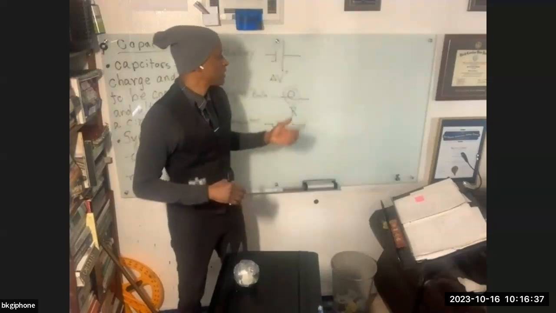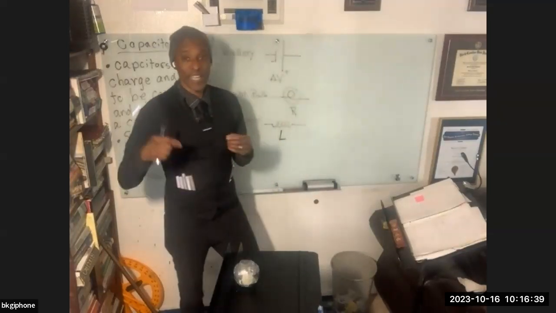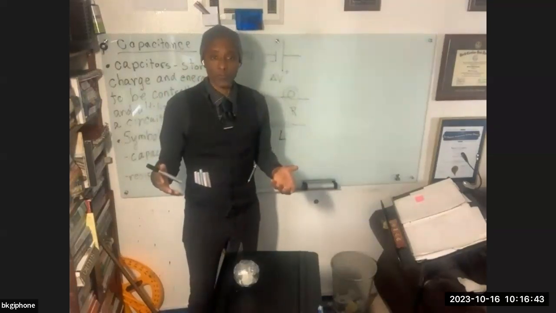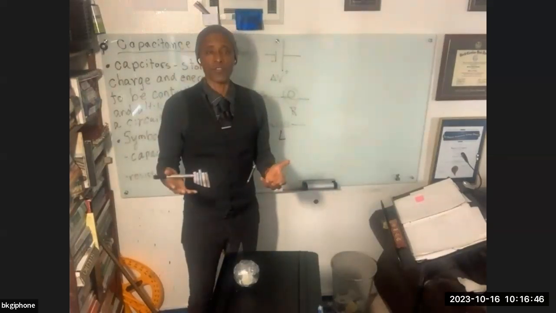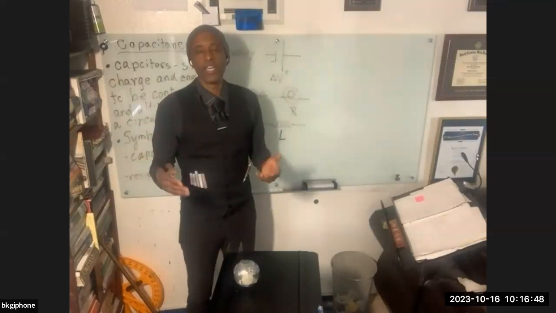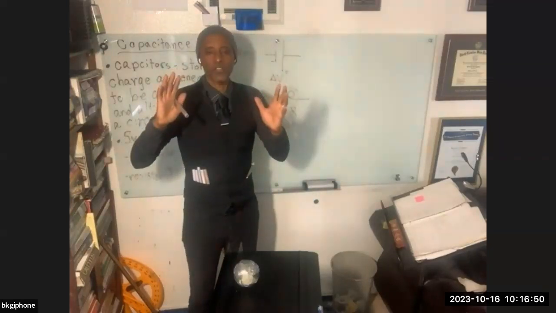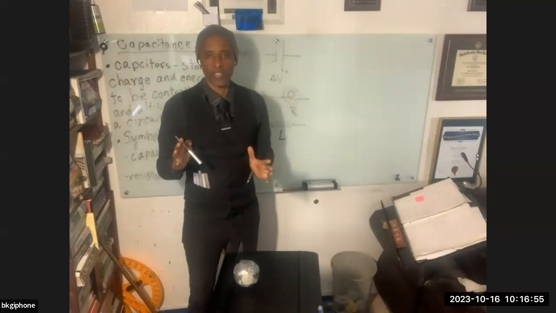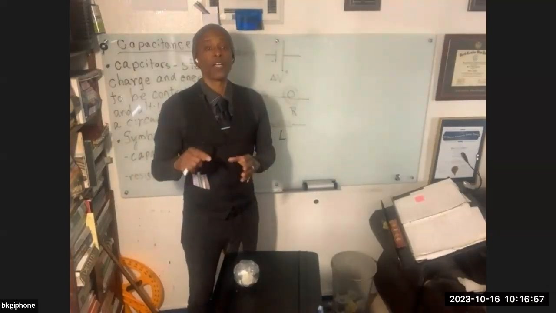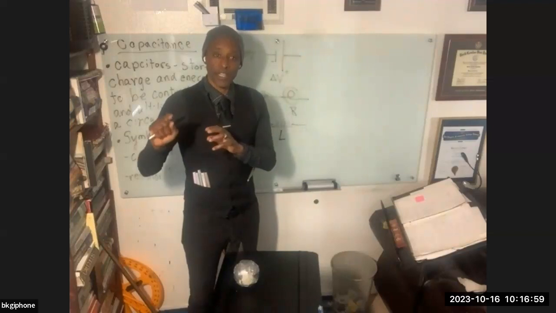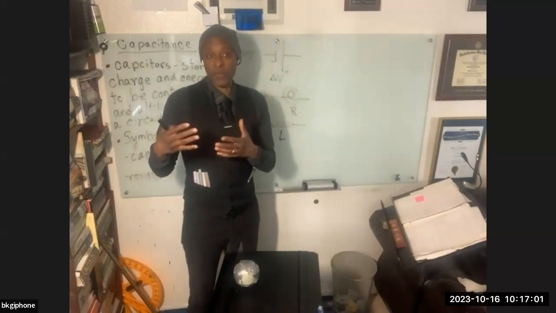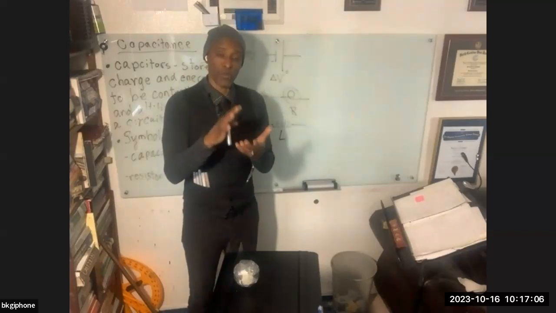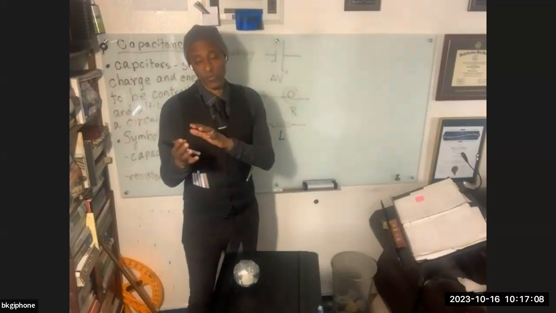Whereas the battery's poles are inherently positive and negative based on how it's designed, with whatever chemical compounds are creating the electrical energy. For a capacitor, it's literally just two plates in close proximity to one another that are not inherently positive or negative. But depending on how you place the battery in the circuit, when it charges up, it will store charge in such a way that one plate will become positive and one plate will become negative.